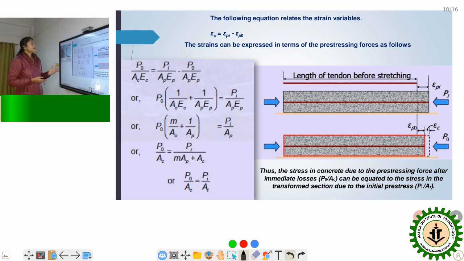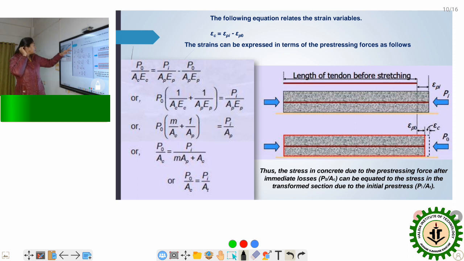Now the strains can be expressed in terms of pre-stressing force as well. So we know that the strain in concrete is equal to the initial strain in the pre-stressing steel minus the final strain in the pre-stressing steel after the immediate loss. So εc is equal to εpi, because of the initial pre-stress, minus εp0, because of the reduced pre-stress, that is P0.